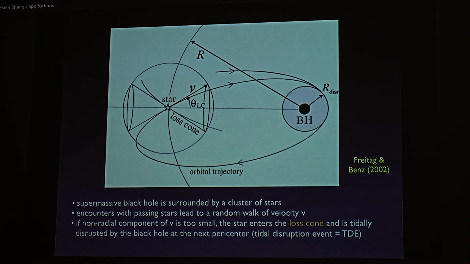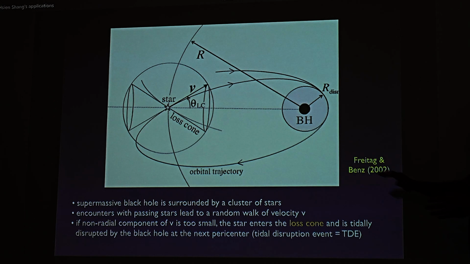Okay, you can say still more about the dynamics of comets in the Oort cloud, but to say that, I want to switch away from the Oort cloud a minute to talk about stars and galactic nuclei. So in a typical galactic nucleus, you have a supermassive black hole surrounded by a cluster of stars.